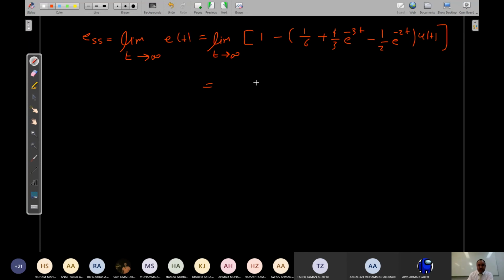And simply if I evaluate, it will equal 1 minus 1 over 6, and this equals 5 over 6. Correct?